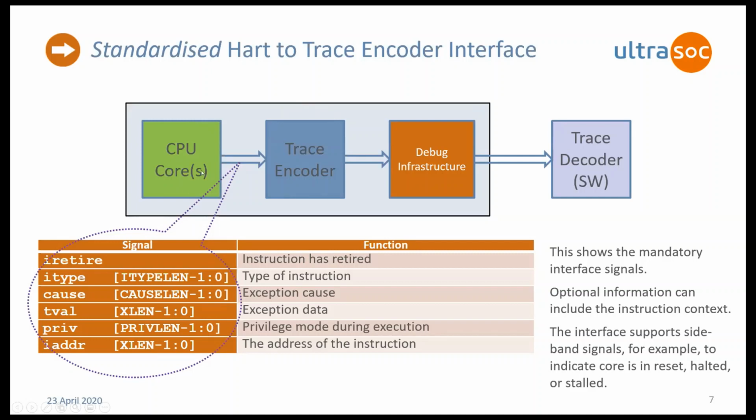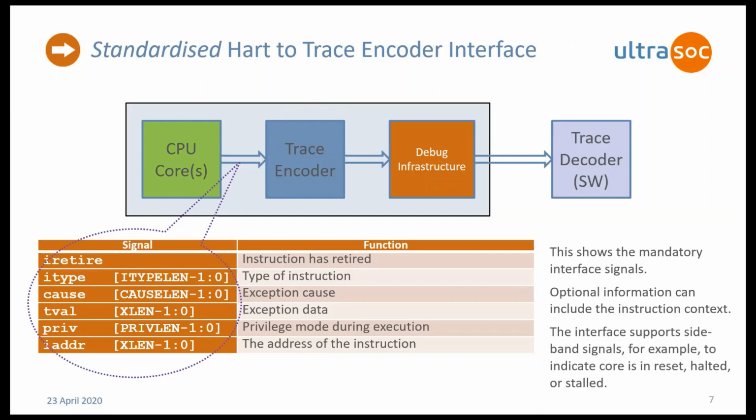The information communicated on that interface is, for every instruction that is retired, an indication that an instruction had retired, and the type of instruction. For example, a load or store instruction needs to be communicated.